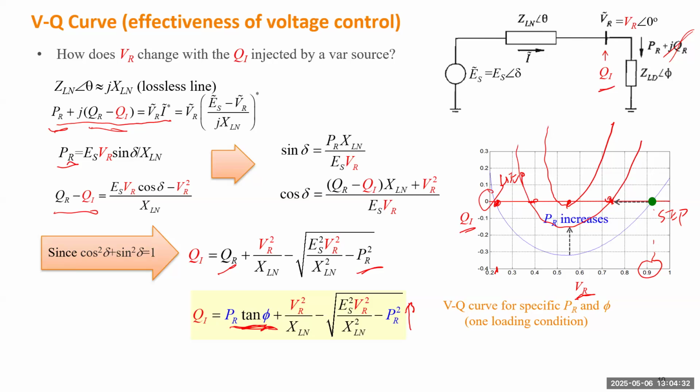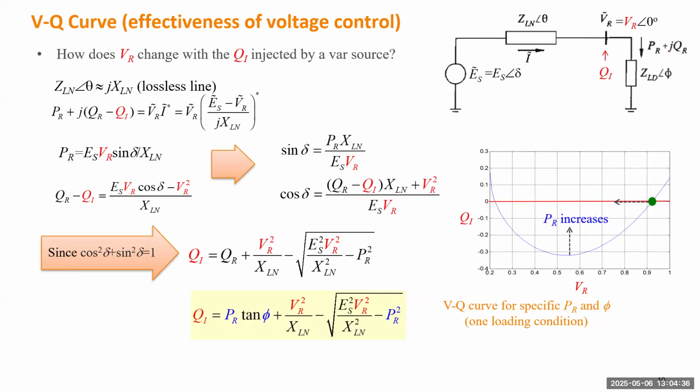If injection is 0, which means you have no injection from any additional reactive power source, and you still want to change the loading condition, you need to draw many different VQ curves. But if you want to study control, you don't change the power, you don't change the load. So this single VQ curve will be enough.